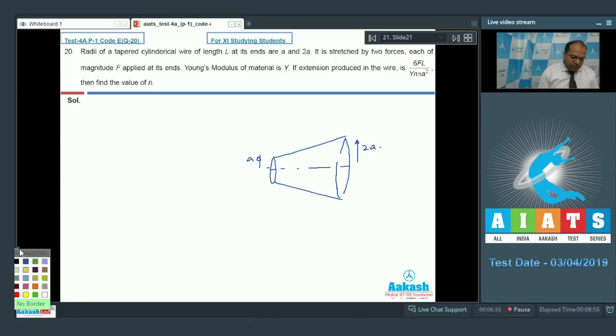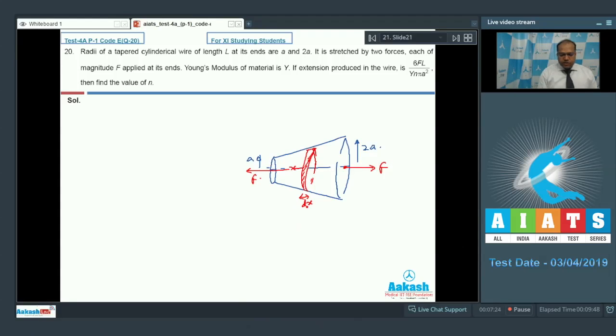Now if I consider a segment at a distance x of length dx, so this length is dx. If I consider this cylindrical section, then I have to write the extension in this segment when force F is applied at both the ends. Let the extension in this segment of length dx be dy.